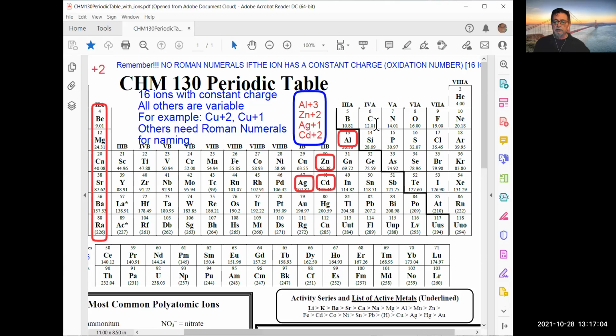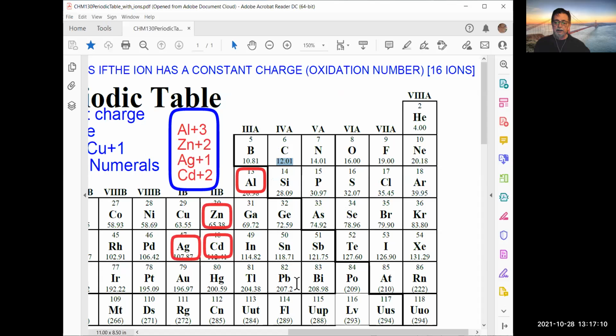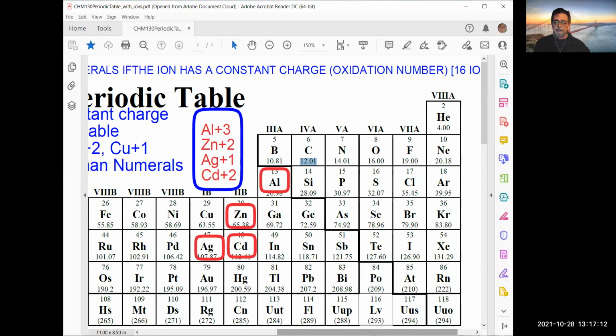But if we look at carbon, carbon has atomic weight of 12.01, okay? What does that say? That says that if you go to the lab and weigh out 12.01 grams of carbon, guess what? You have 6.02 times 10 to the 23rd atoms of carbon, okay?